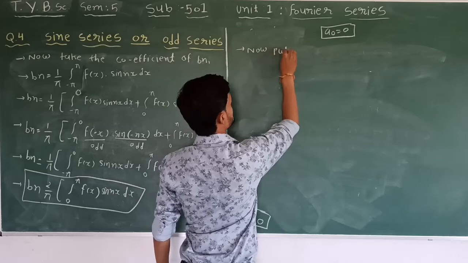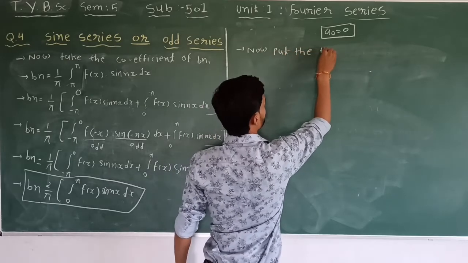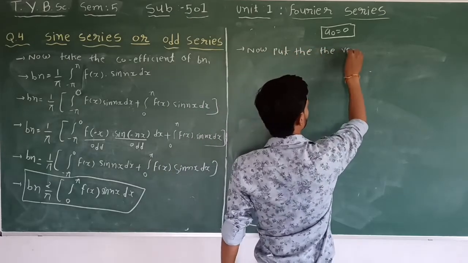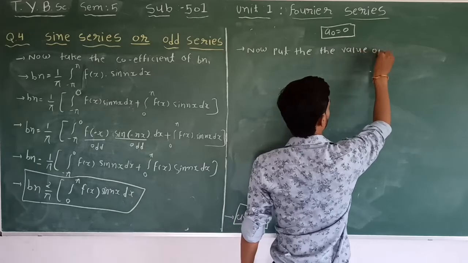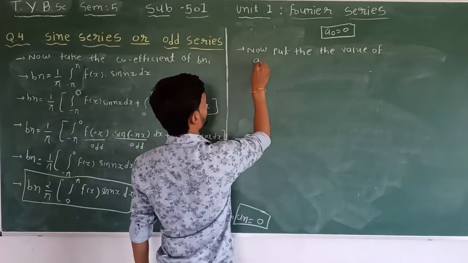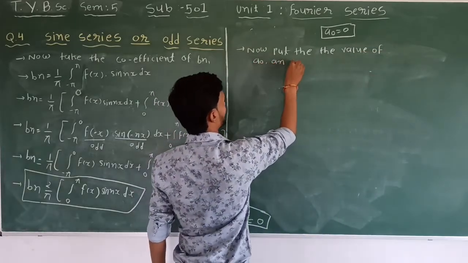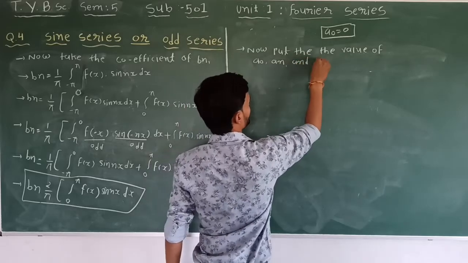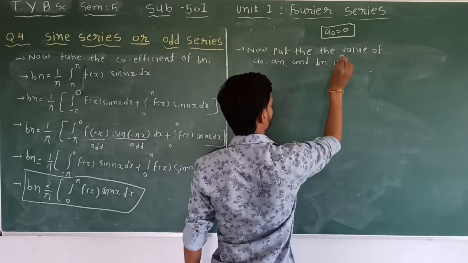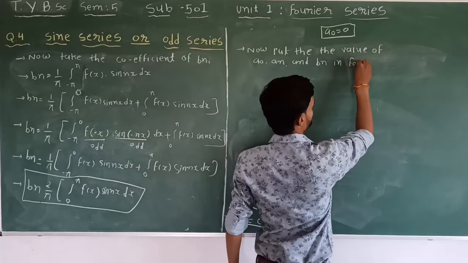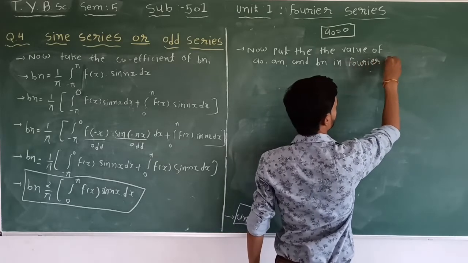Now put the values of A0, An and Bn in the Fourier series.